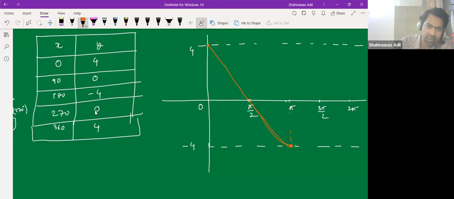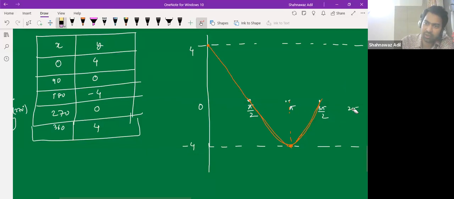And then this is going to 0. So now it has started to increase, so it will go to 0. And then it is going to 4.